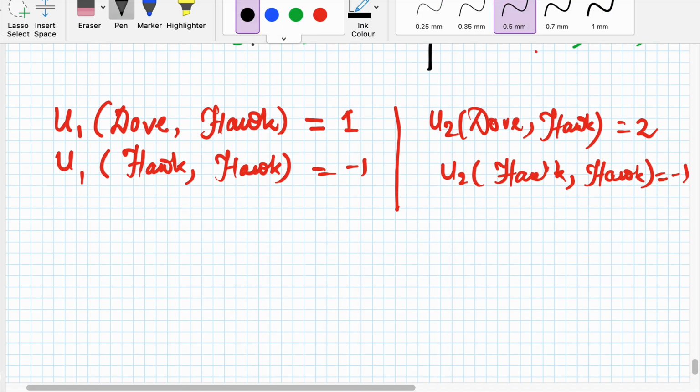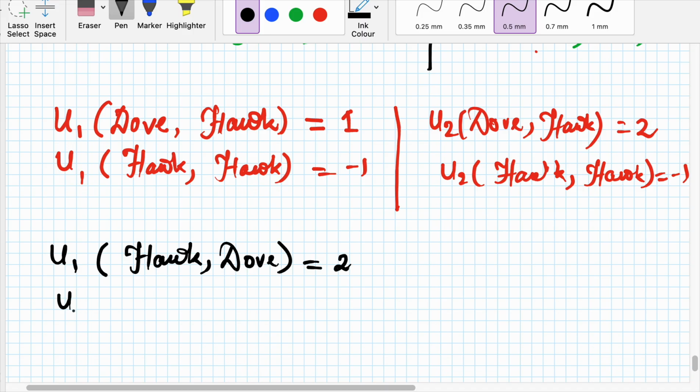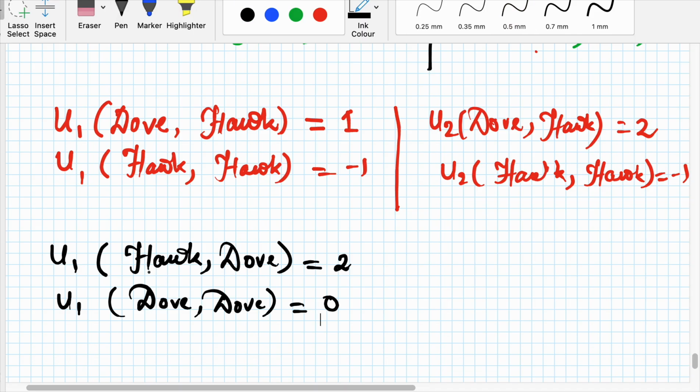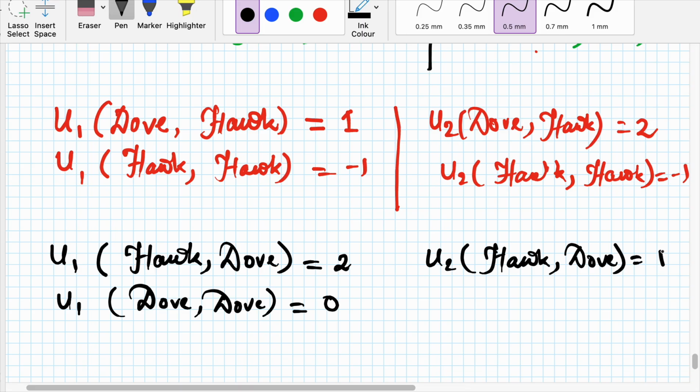Now you will find a similar situation for the case of dove hawk. Here player 2 will get 2, and if player 2 changes from hawk to dove, it will get a payoff of 0. So obviously it loses in terms of utility, and player 2 doesn't want to change. Now let's see for player 1 also. In dove hawk it gets +1.